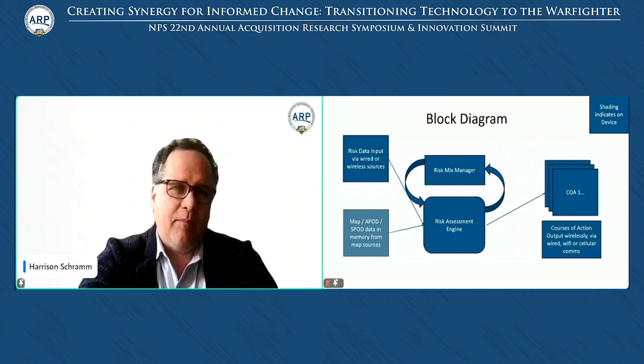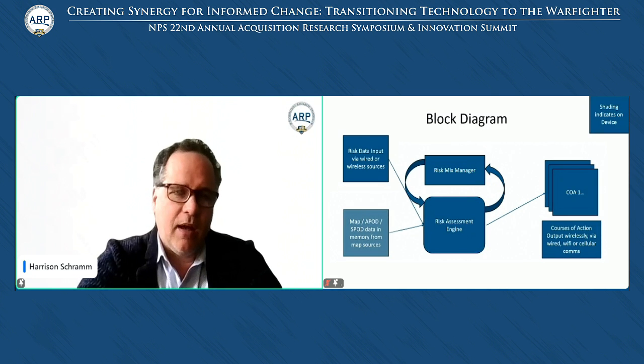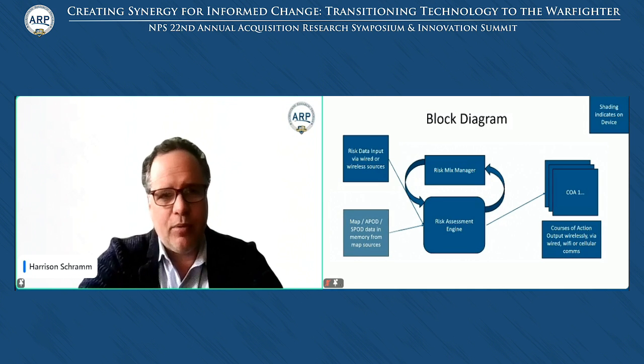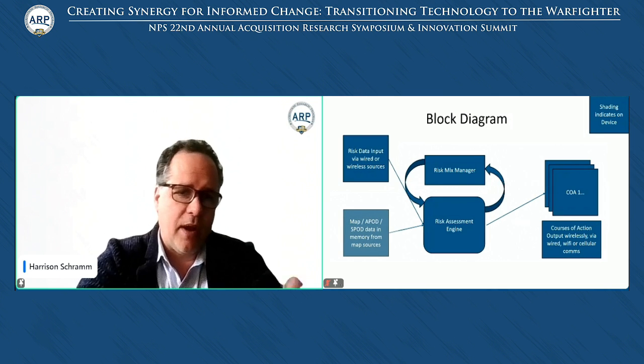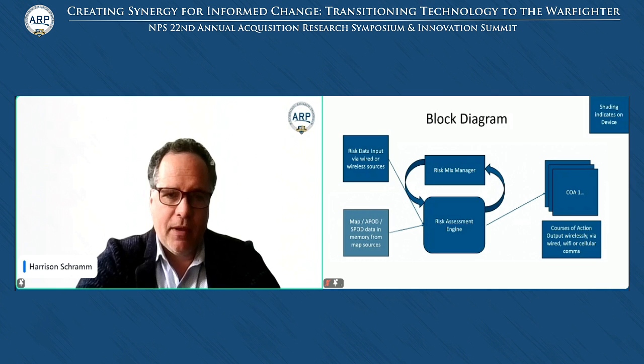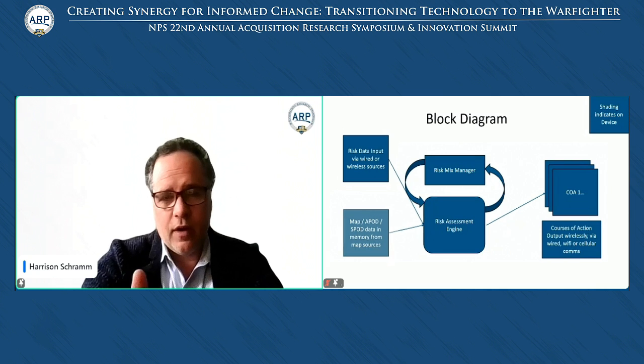Okay, a block diagram of what we're doing here: we're going to get data input from whatever sources. We're going to use this with resident map and data from whatever sources exist. On board our system, we have a risk manager and a risk assessment engine that work in an iterative process.